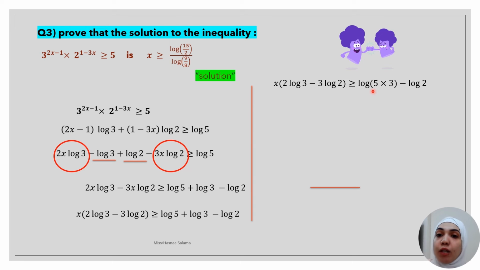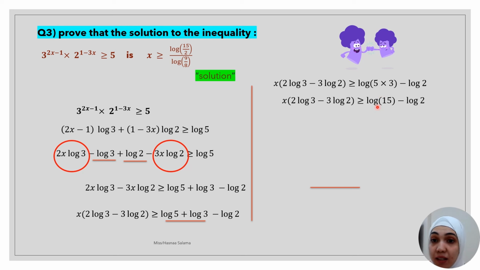Here, why did I use log 5 times 3? We have the multiplication law, the division law, and the power law. Here I have a multiplication, so I use the inverse law: when I have a multiplication, I write it as an addition of logs. So it will be logarithm 15 like this.